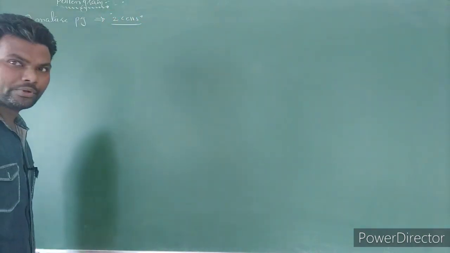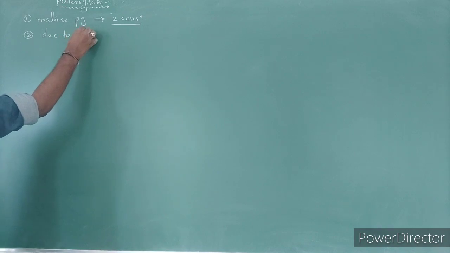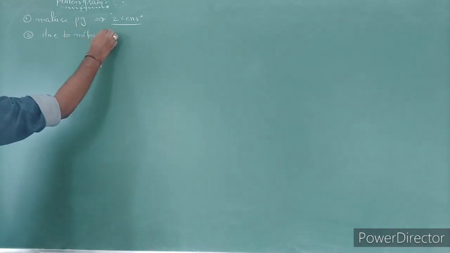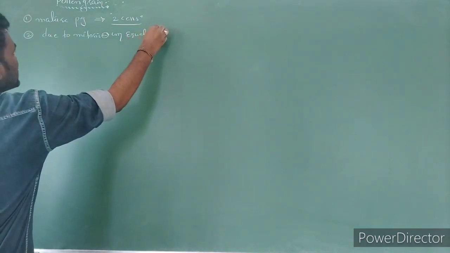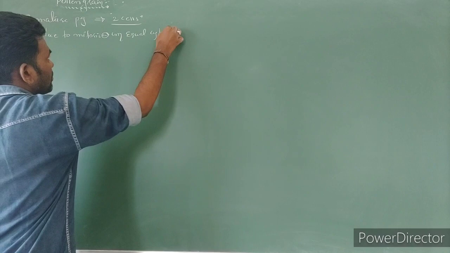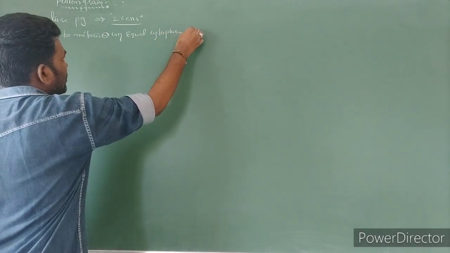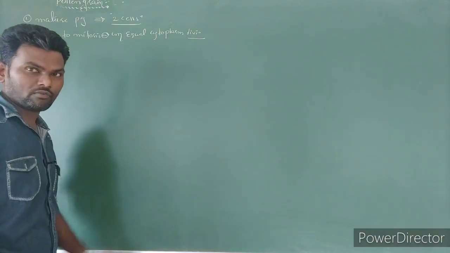These 2 cells are formed due to the mitosis division and also unequal cytoplasm division. Due to that, 2 cells are formed.